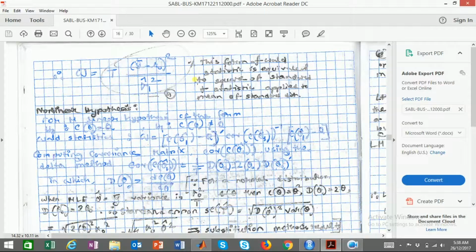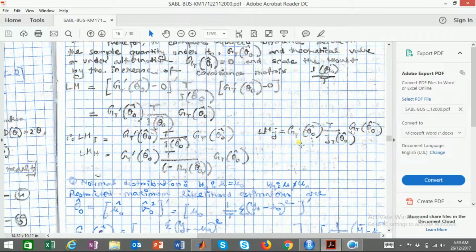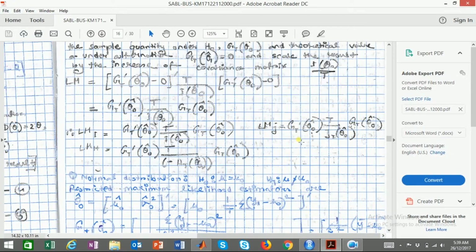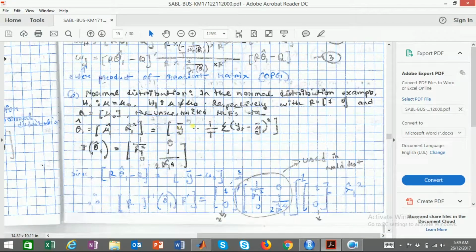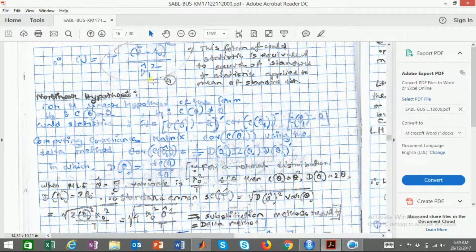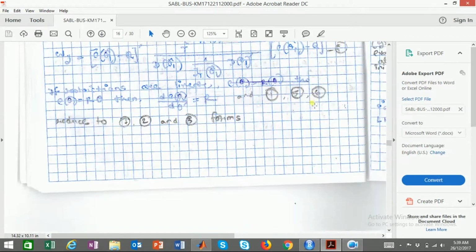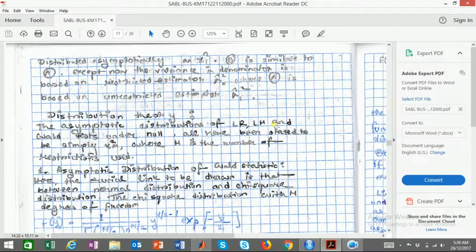The Lagrange multiplier has a similar structure to Wald statistics, except that Wald statistics was based on the unrestricted parameter, and Lagrange multiplier on the other hand is based on the restricted parameter.